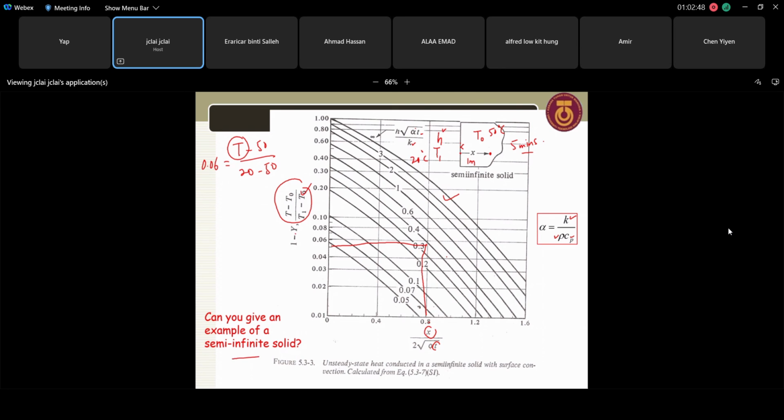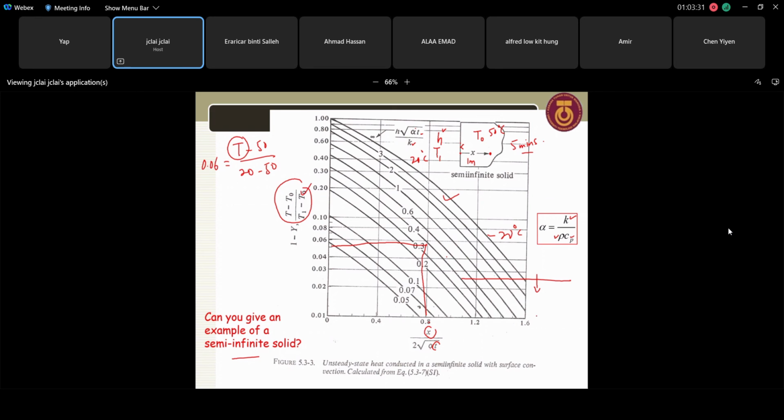An example of a semi-infinite solid: say you want to know the ground temperature in a country with 4 seasons. During winter, the air temperature can drop to, let's say, negative 20 degrees Celsius. So the earth temperature, the ground temperature, will also drop, but according to thickness.